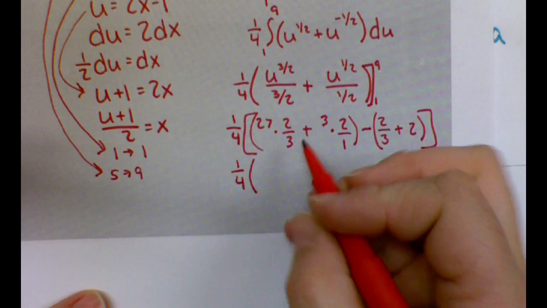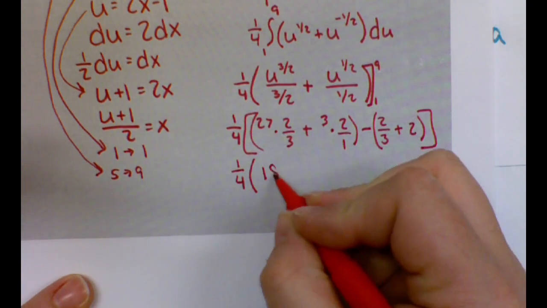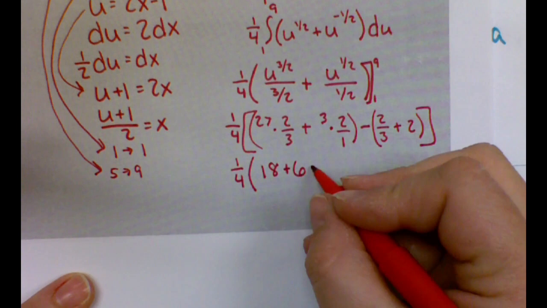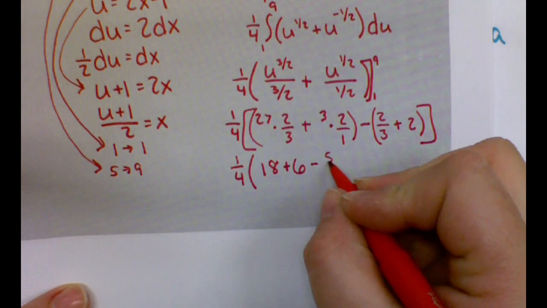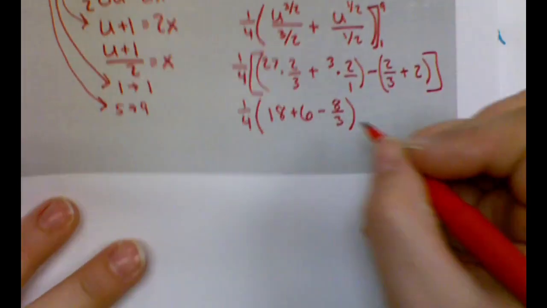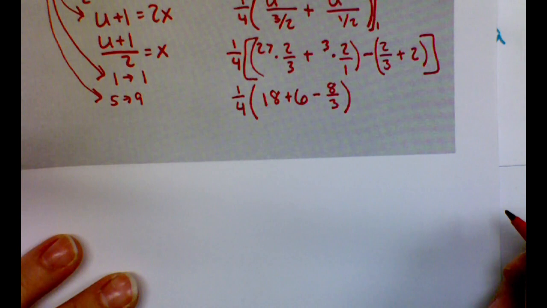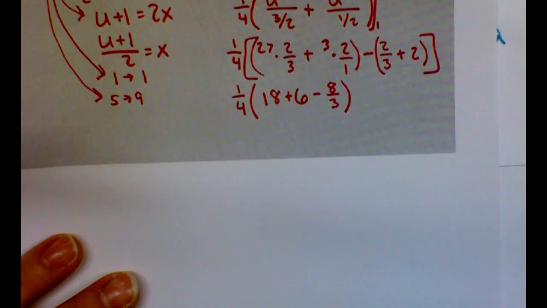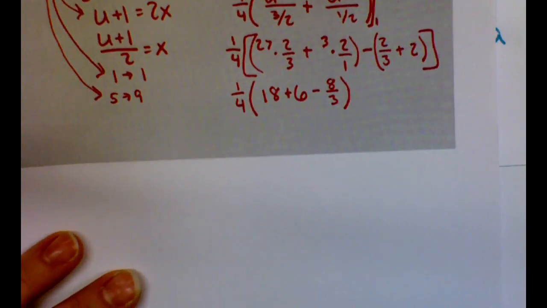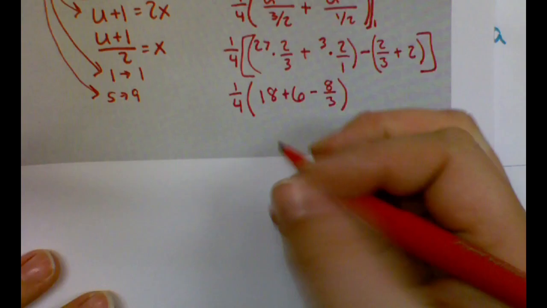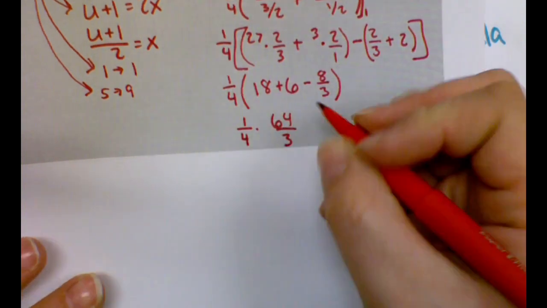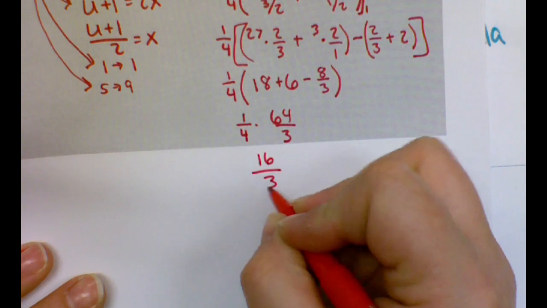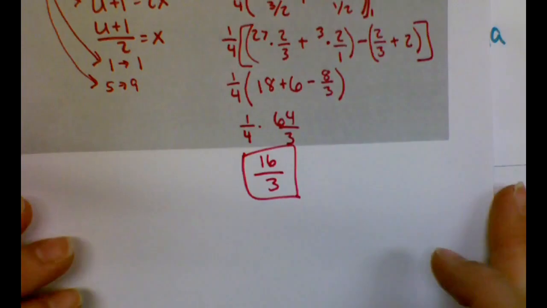So I have 1/4 times 18 plus 6 minus 2/3 plus 2 is 8/3. So I have 24 minus 8/3. Which, I'm going to be honest, I'm just going to use my calculator for real quick. I have 1/4 times 64 over 3, which is 16 over 3 as my final answer.